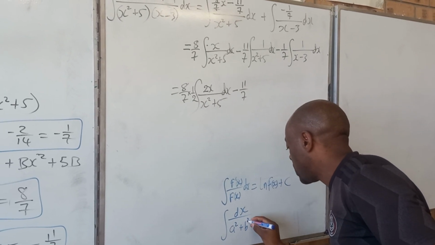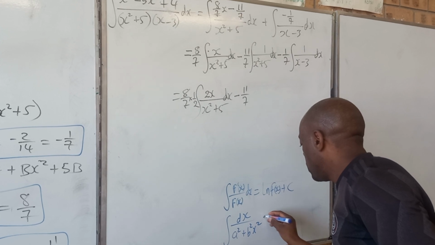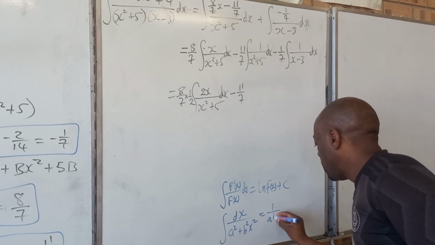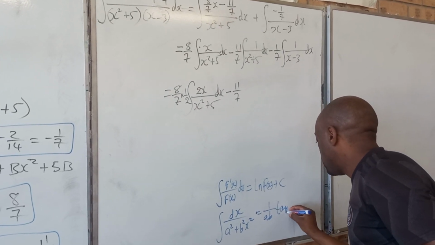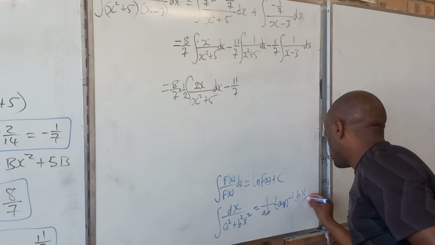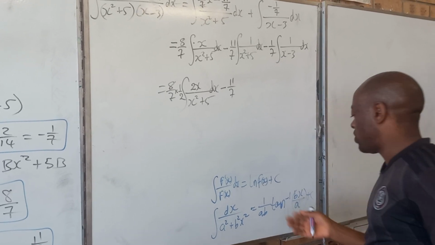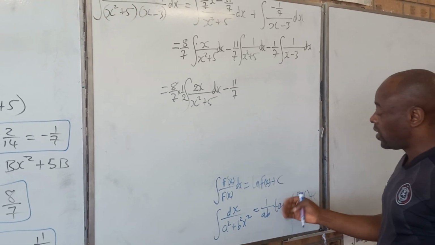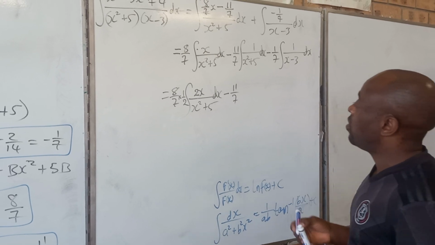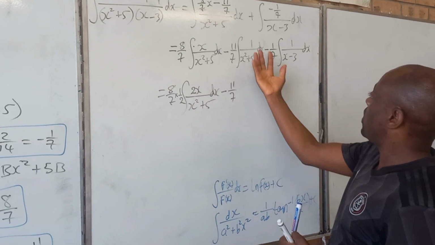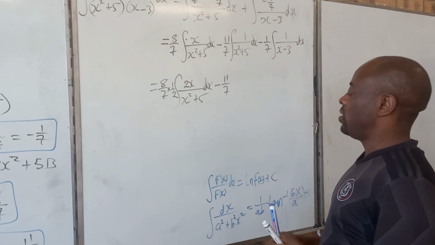So it should be taking you there, which will give you 1 over ab, the arctan of bx over a plus c. So as an N6 student, there is a formula like that on your formula sheet. So all you need to do is to rearrange this problem to match that formula.